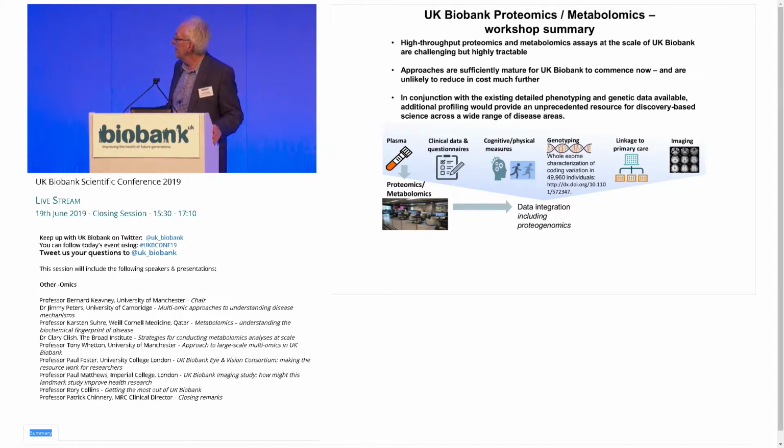So any venture in respect of proteomics, metabolomics is obviously going to have to link in with all of this data. And again, we've heard about the whole exome characterization. This paper has been mentioned already, 49,960 individuals. So this then takes us to the point where we can consider doing proteogenomics.